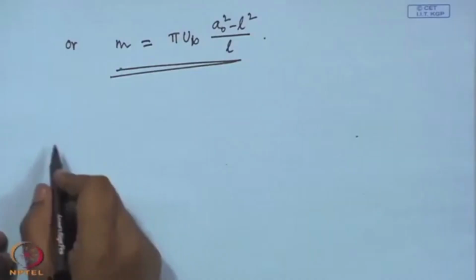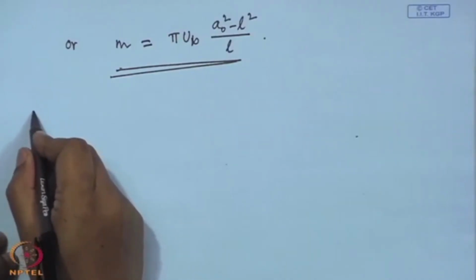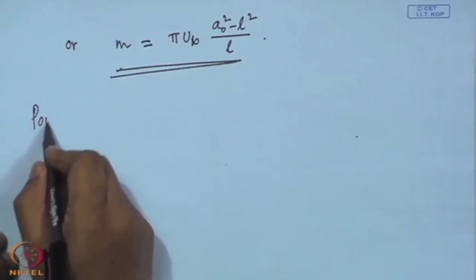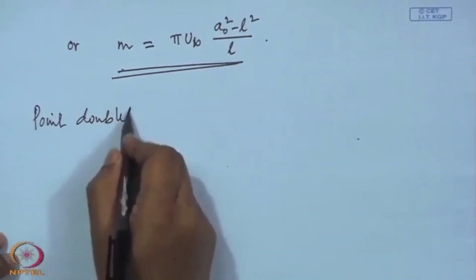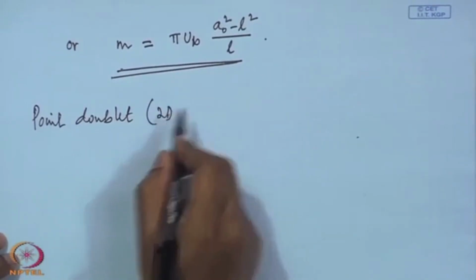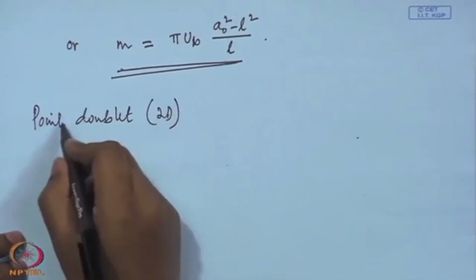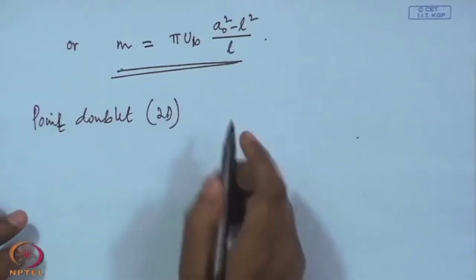So, the resulting flow will be, in the limiting case, flow due to a point doublet placed at origin in a uniform stream. So, that is what we will next consider. Again, by point doublet we mean 2D. So, not a 3D point doublet, it is an infinite line doublet.